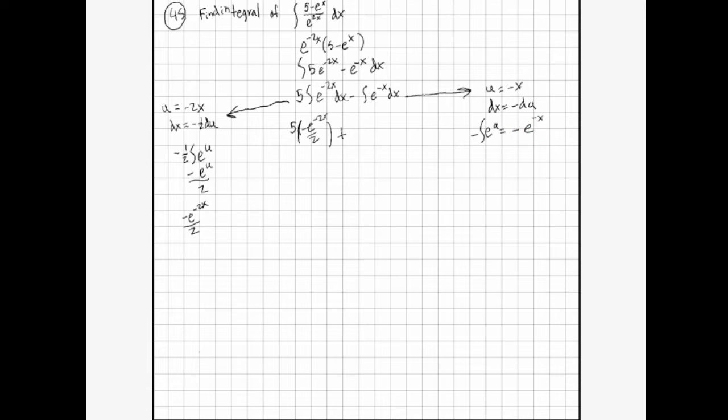So that's plus e to the power of negative x. And then I simplify this further. I can make this negative 5 over 2 times e to the power of negative 2x plus e to the power of negative x. You gotta make sure we add the plus c, and that's the answer.